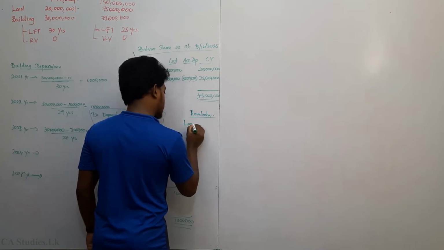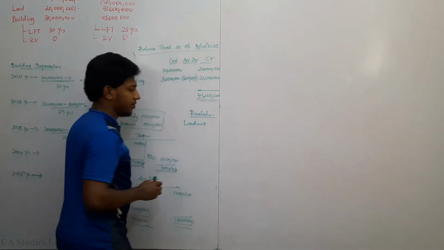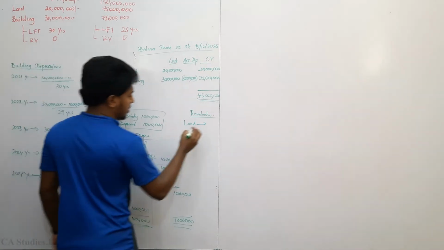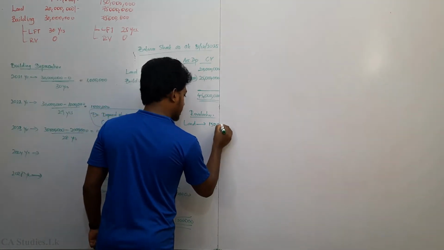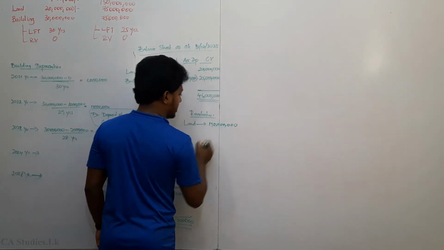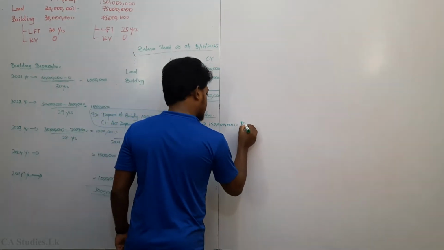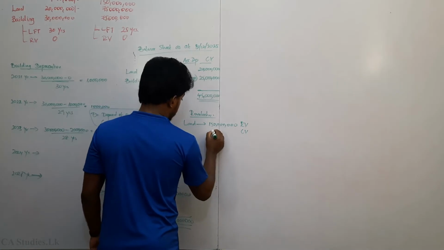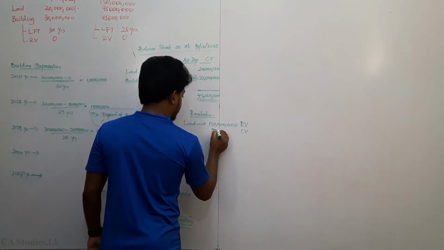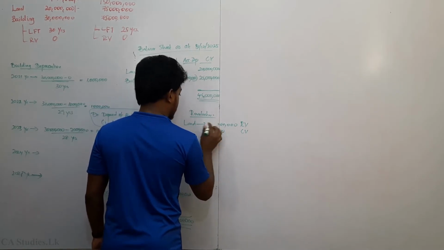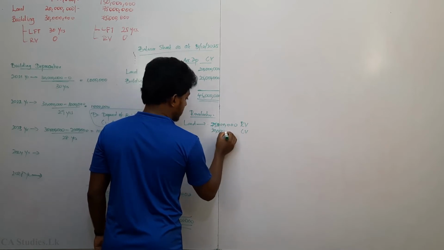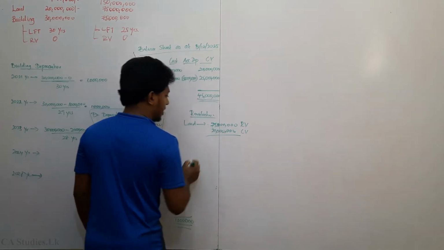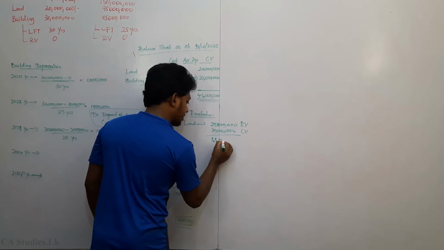Land revaluation: it is always revaluation minus carrying value. Carrying value is 20 million. Sorry, 75 million is the revaluation. So land revaluation is 55 million.